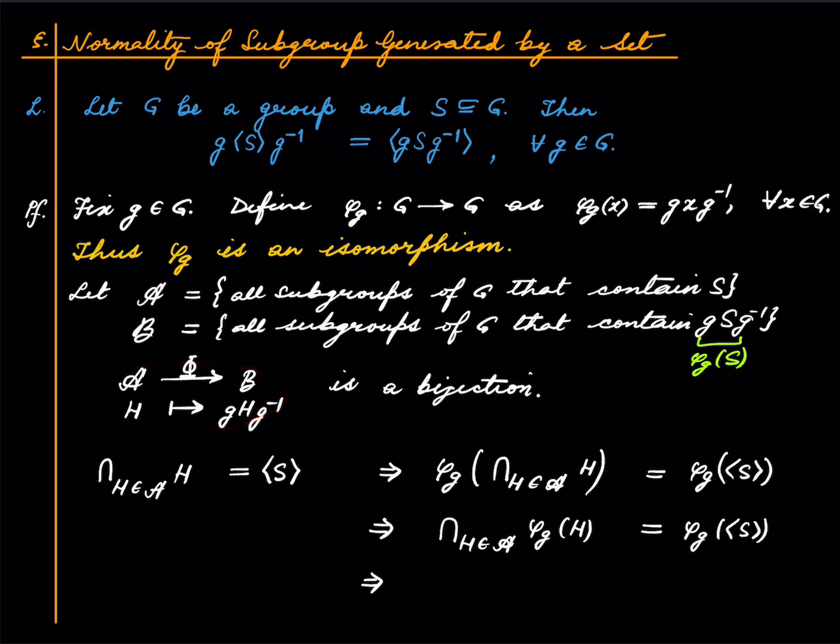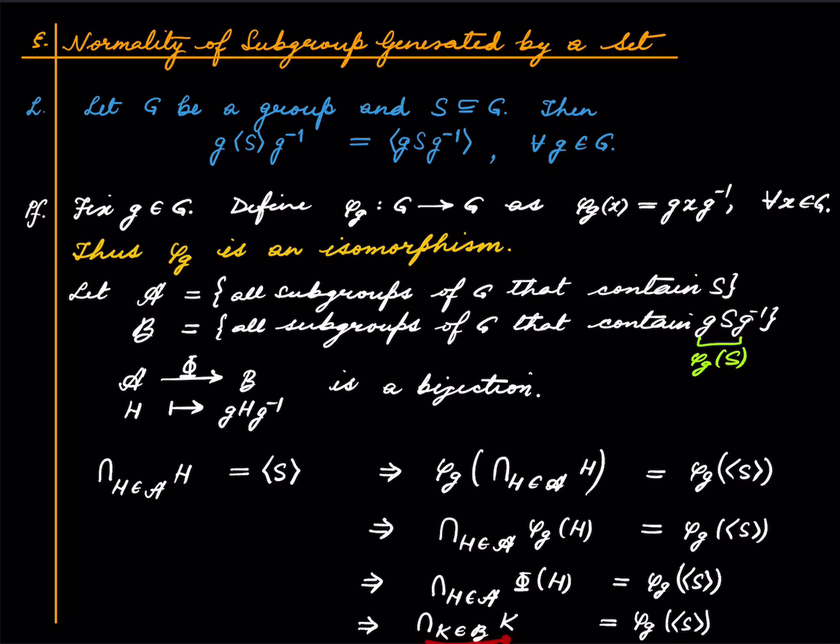So this left hand side is also equal to capital phi of H. That's how the map capital phi was defined, right? So this is equal to phi G of the subgroup generated by S. But since capital phi is a bijection, this is also equal to that, right?